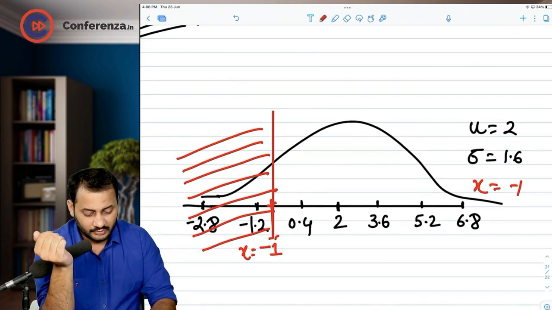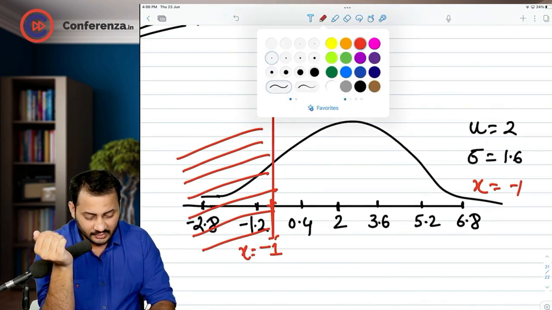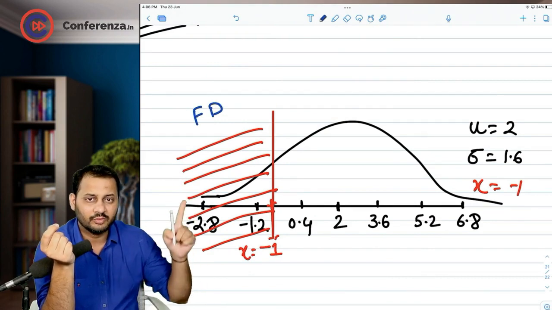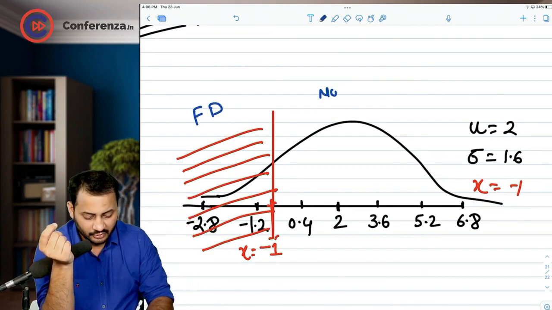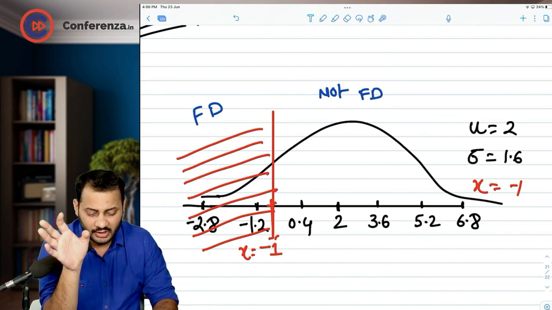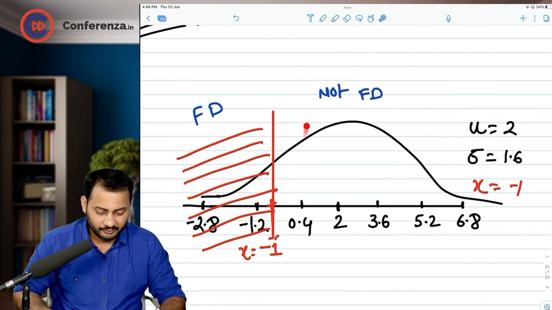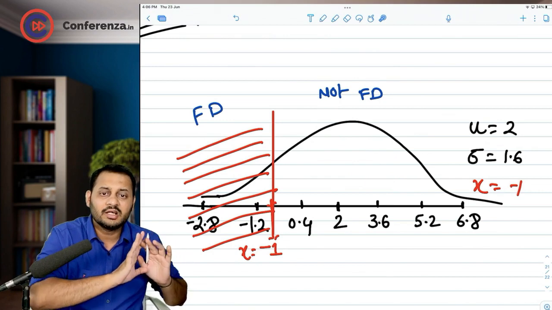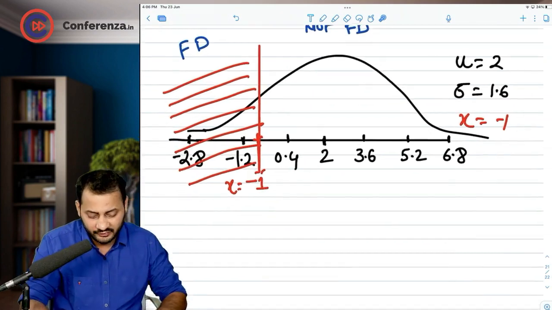Now, the logic says that company will be in financial difficulties if the losses are more than 1 crore. Company will not be in the financial difficulties if the losses are less than 1 crore. It means that if the company's profit or loss are there anywhere on the right side of minus 1, then the company will not be in financial difficulty.